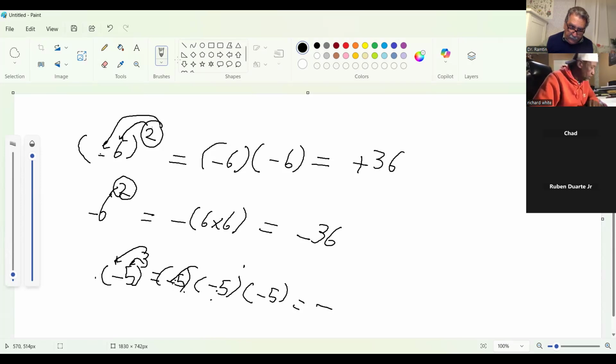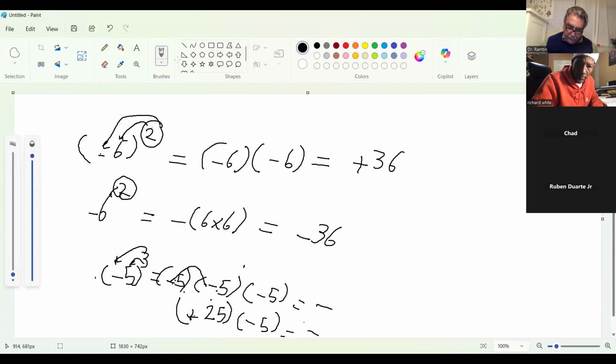Here, I have one negative times negative, which is plus. Minus 5 times minus 5 is plus 25. Okay? 5 times 5 is 25, and the negative times negative is plus. Then I have minus 5 here. Plus times negative, what's the answer?